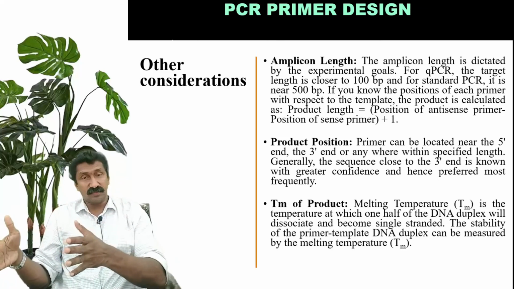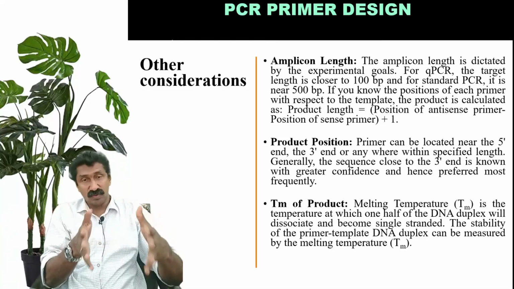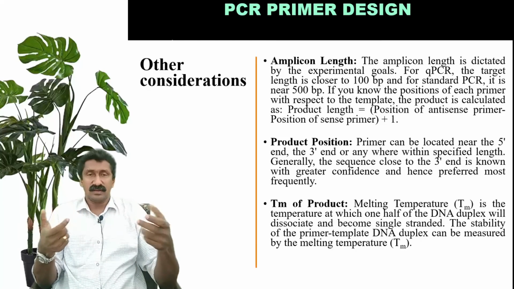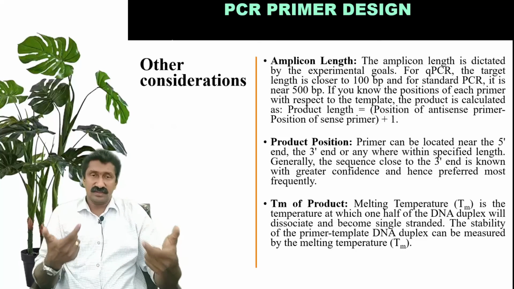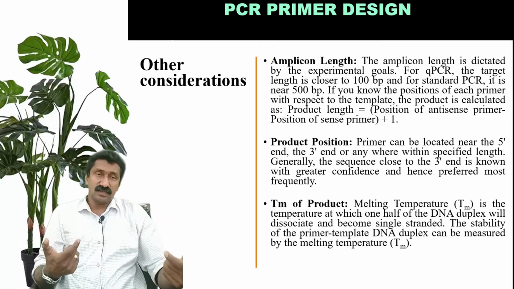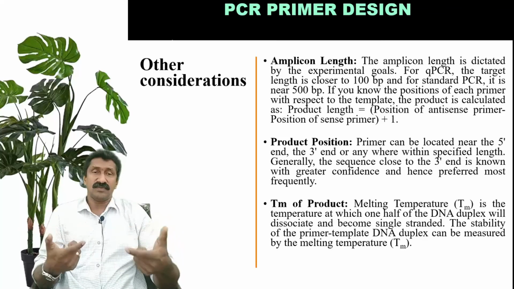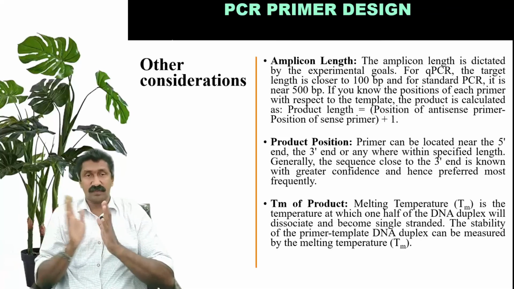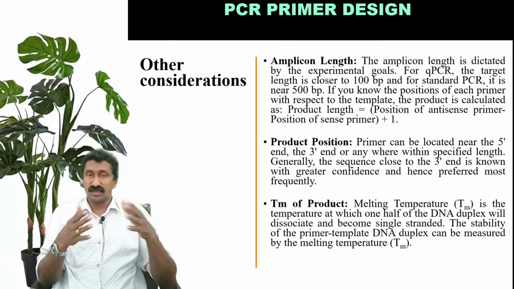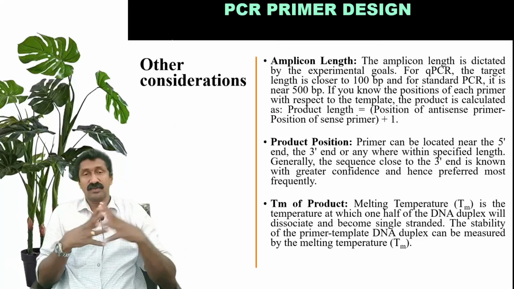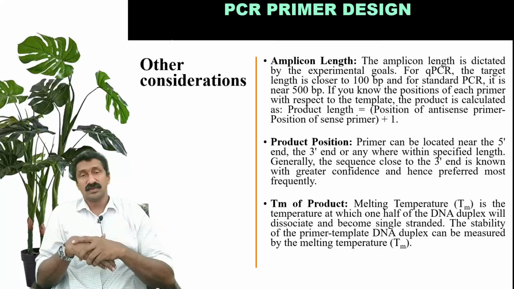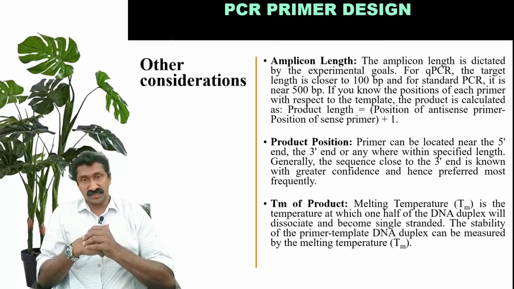That may be near the 5' end, the 3' end, or in between. Wherever you decide, you can decide the starting and end points of that amplification, and the region in between is amplified. So whether the product is near the 5' end of the gene, the 3' end, or in the middle part of the gene is decided based on the quality of the primer that you design.